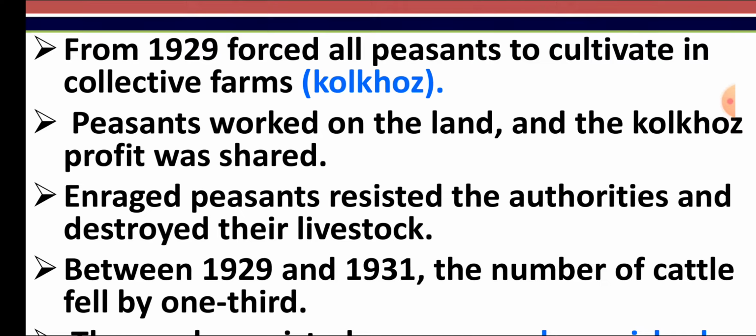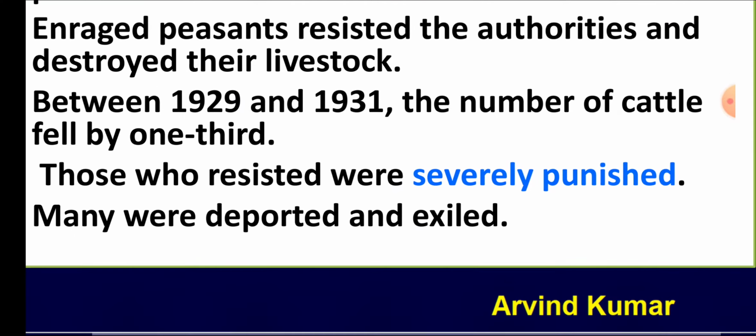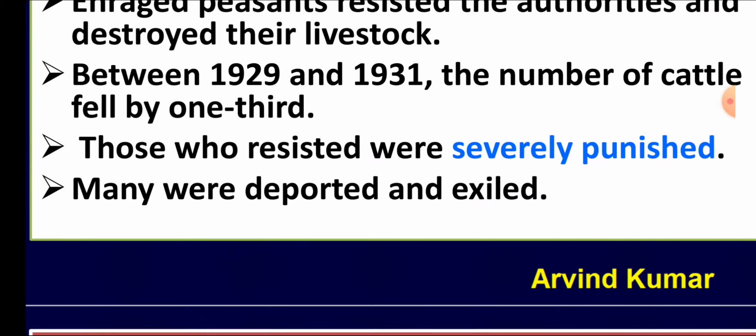The peasants were not ready to accept this because they were happy with their small holdings. They were not ready to work together in collective farms. Ultimately, from 1929 to 31, one third of the cattle of Russia died.